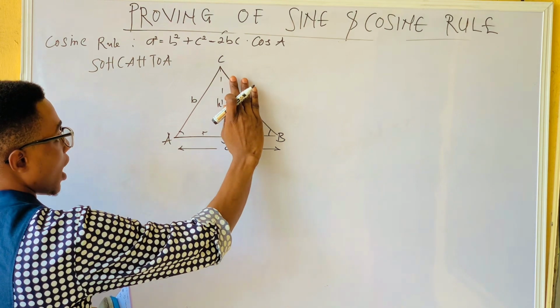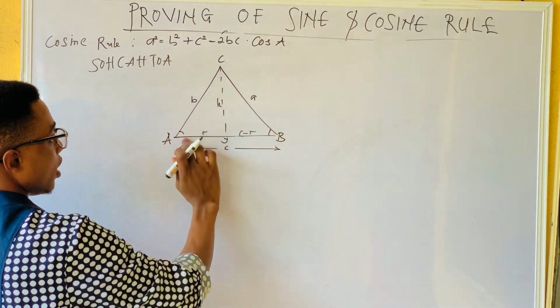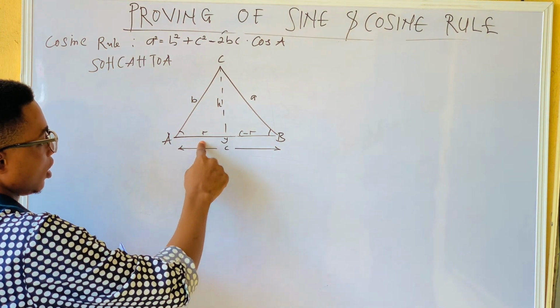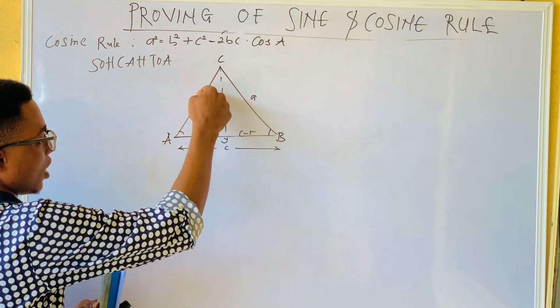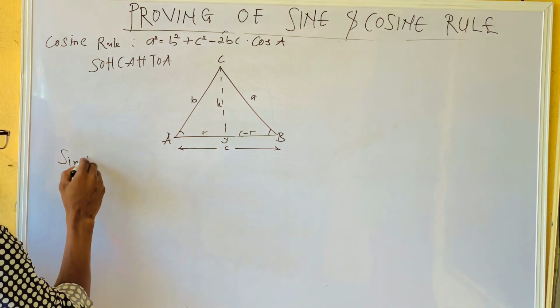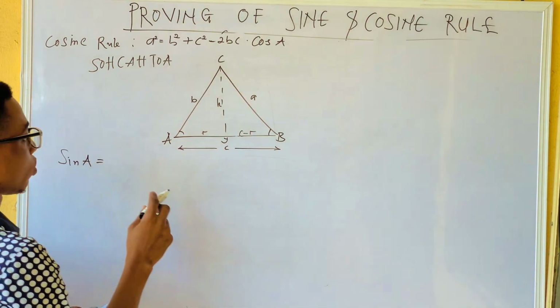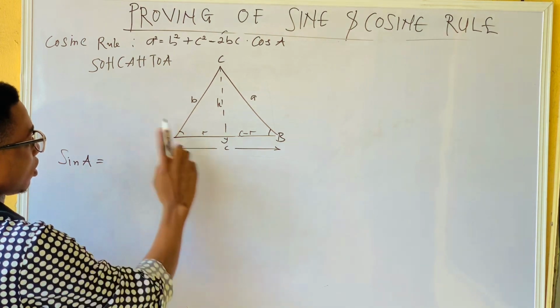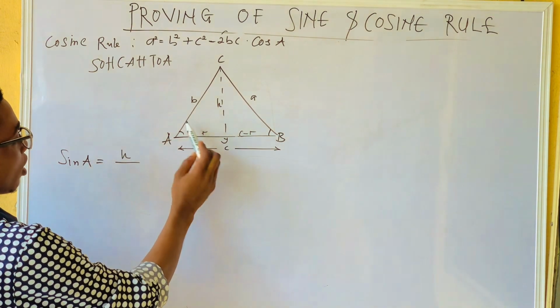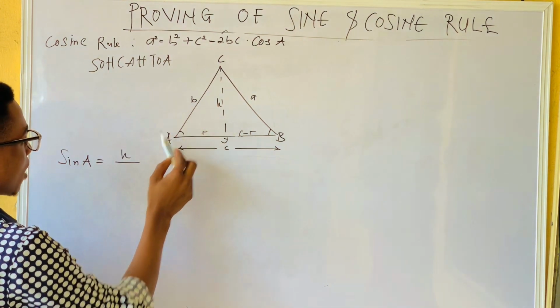If we are considering the angle ACY, here becomes our adjacent, here is our opposite, and here is our hypotenuse. So we have sine A is equal to opposite, which happens to be h, over hypotenuse, that happens to be b.